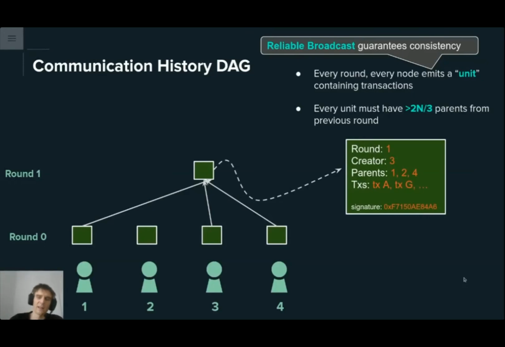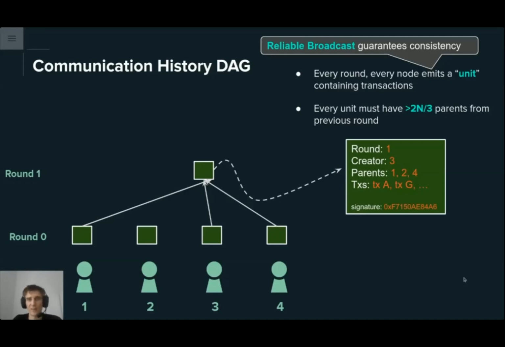So now I would like to assume that once we create a unit, we use some reliable broadcast protocol to disseminate this unit to other nodes. What kind of property am I interested in? I want that once an honest node receives a unit, it will then send the unit to all other honest nodes. They will receive it eventually.